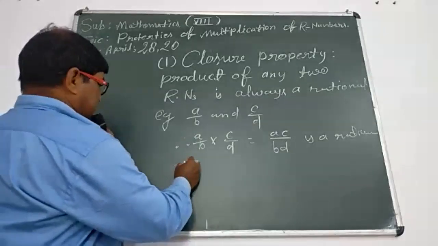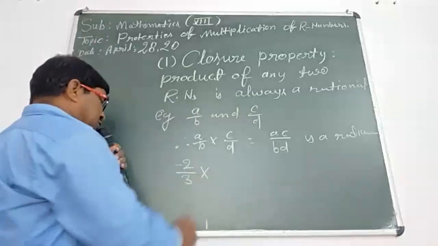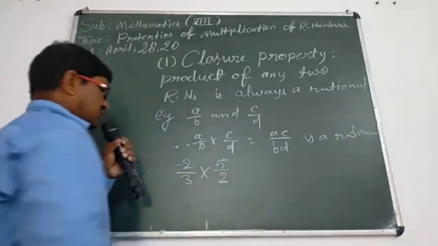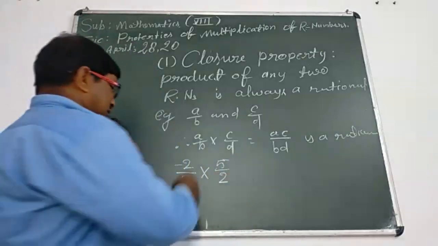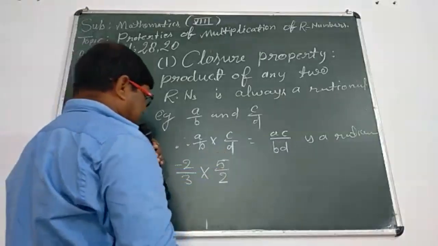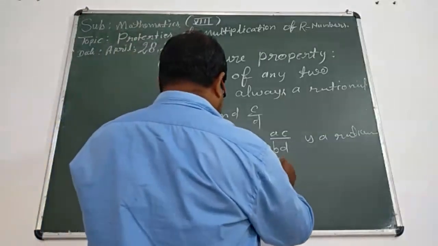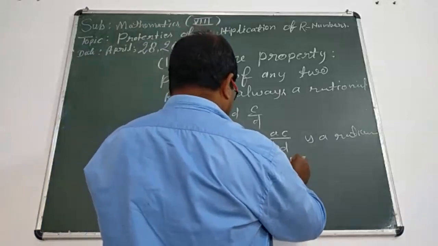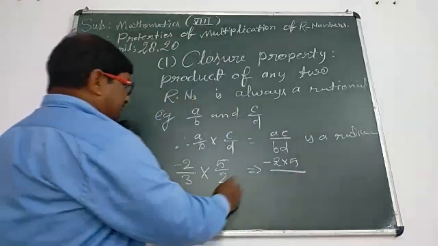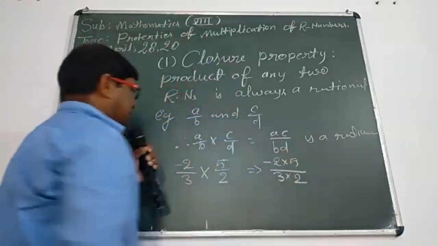You can take help from real rationals. Suppose that you have one rational, minus 2 upon 3, and you are going to multiply it by 5 upon 2. Minus 2 upon 3 is A upon B, 5 upon 2 is C upon D. Now you are getting minus 2 multiplied by 5, that is AC, upon 3 multiplied by 2, that is BD.